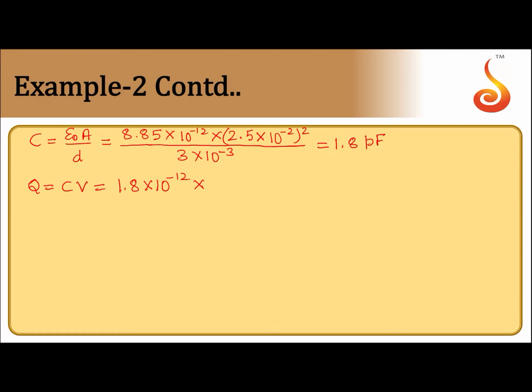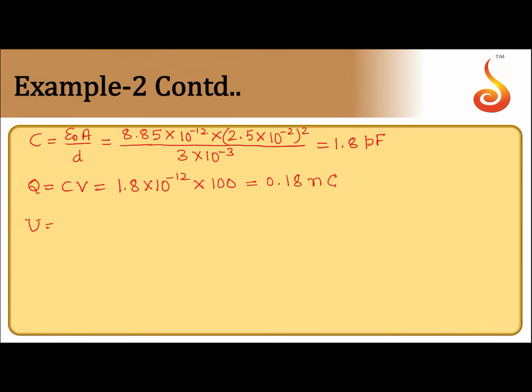V is, they have given, it is 100. So that turns out to be 0.18 nanocoulomb. So 10 power minus 12 into 100 is 10 power minus 10. If you shift one more decimal place, it is 0.18 nanocoulomb.